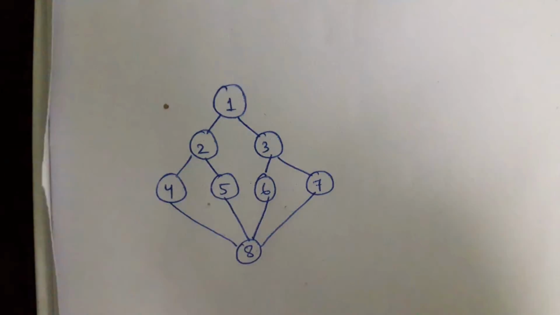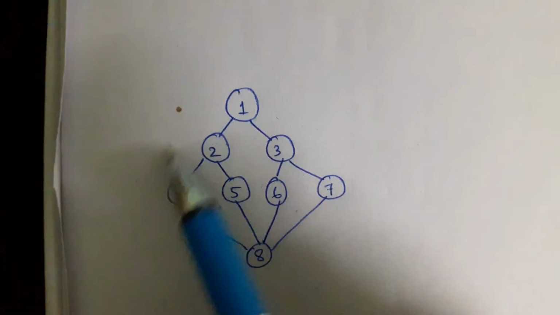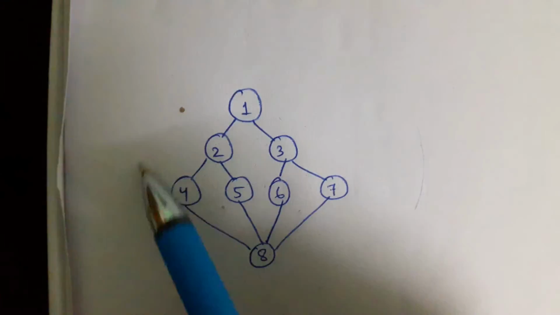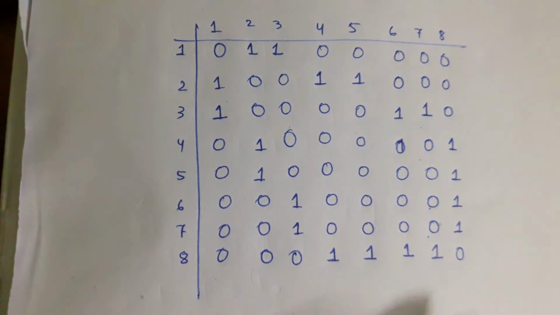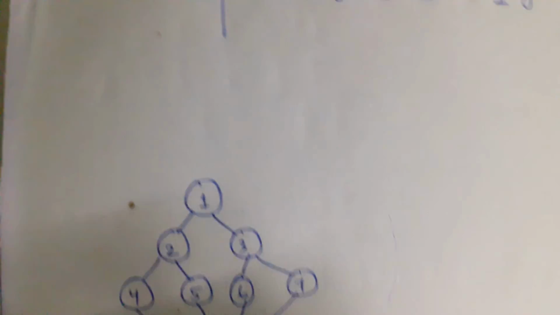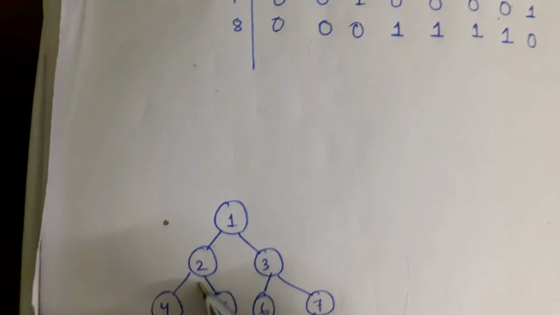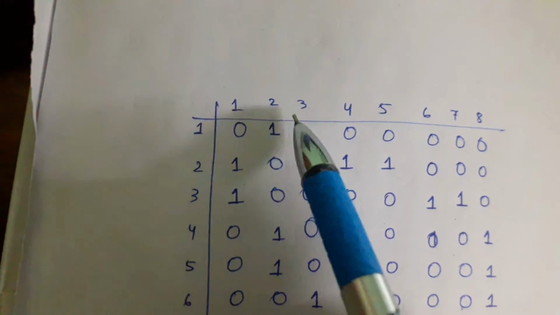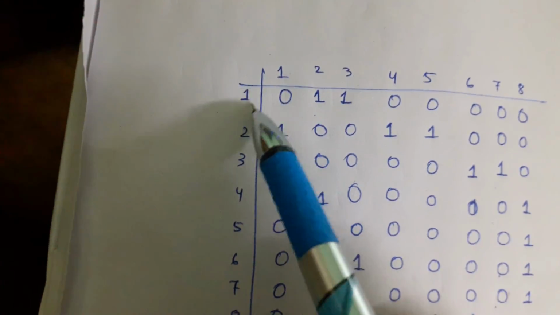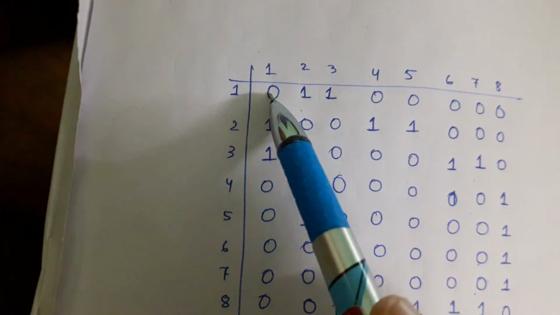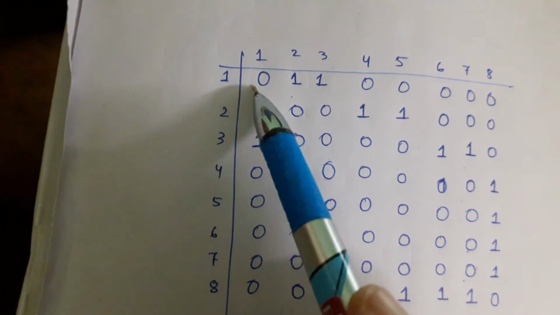Now I am showing you the two-dimensional adjacency matrix of the given graph. See here, this is the adjacency matrix, and from 1 to 2 there is an edge, so that cell will be 1. If there is no edge between two vertices, then that cell will be 0. From 1 to 1 there is no edge, so that is 0.